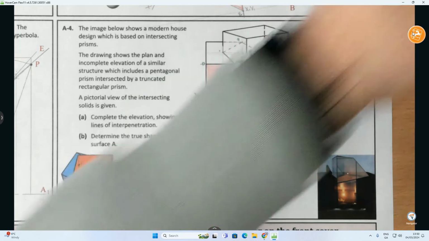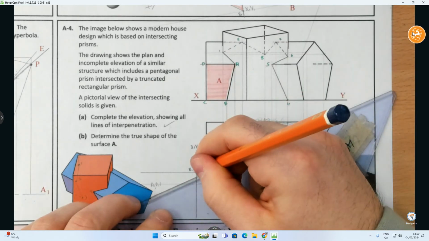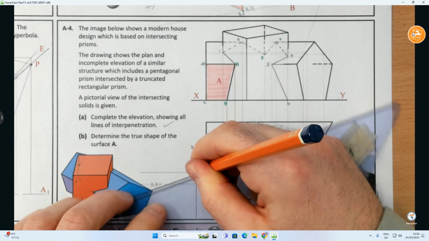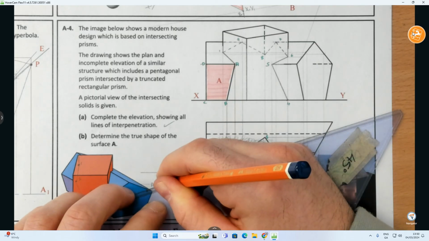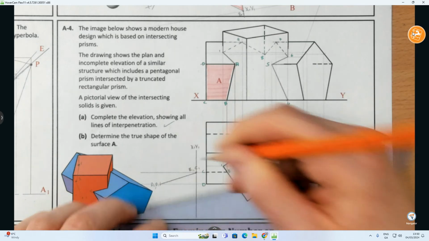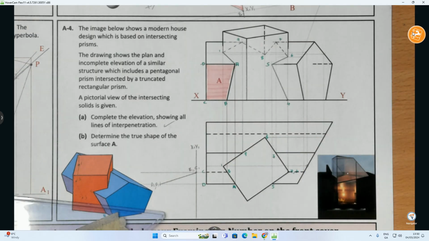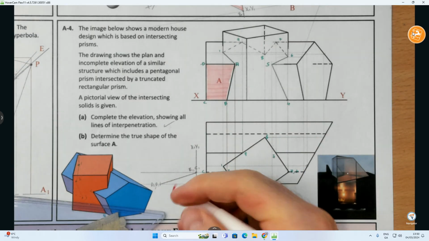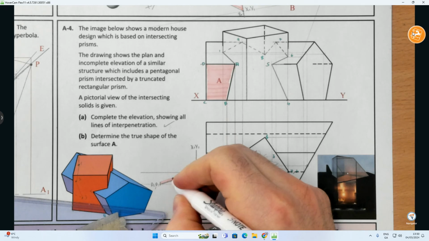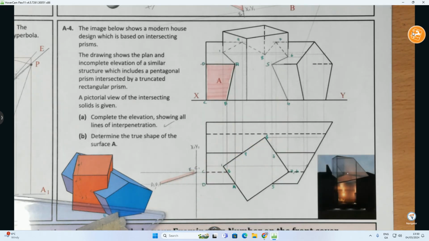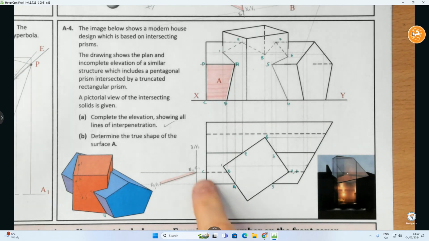Now if I connect those, I'm now seeing that surface as an edge view. That red surface, that's why I've gone over it in red there, I'm seeing that as a true length.